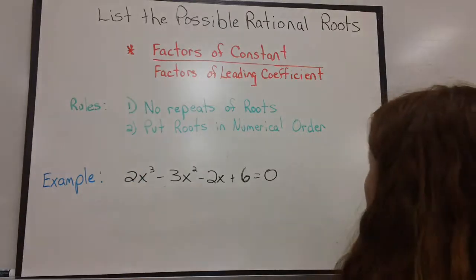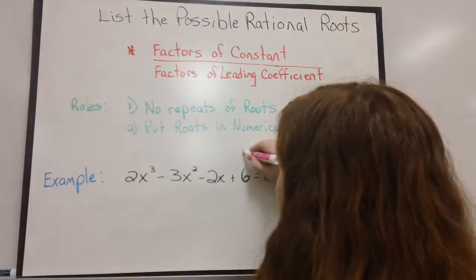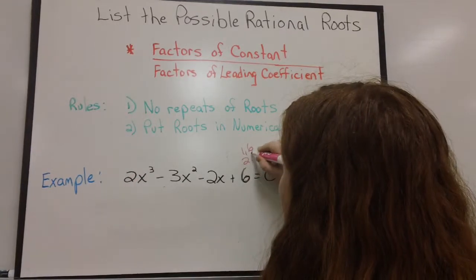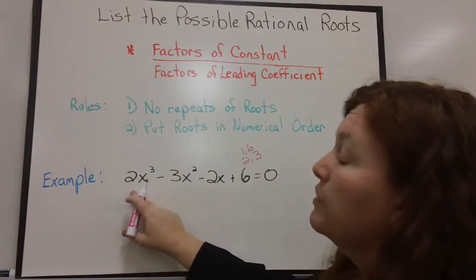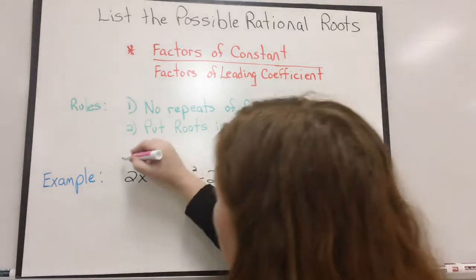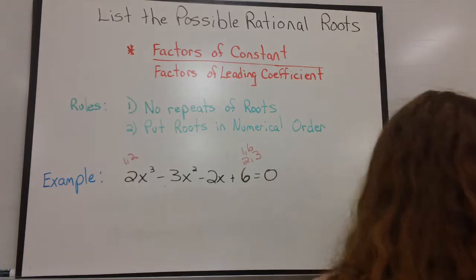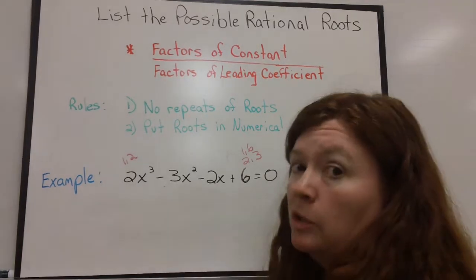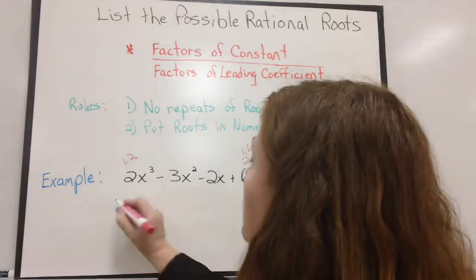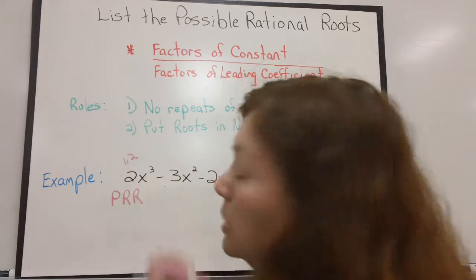So I'm going to take the factors of 6: 1 times 6, 2 times 3, and put those one at a time over the factors of 2, which is 1 times 2. So what I'm going to do is list my possible rational roots, and we're going to label that as PRR.